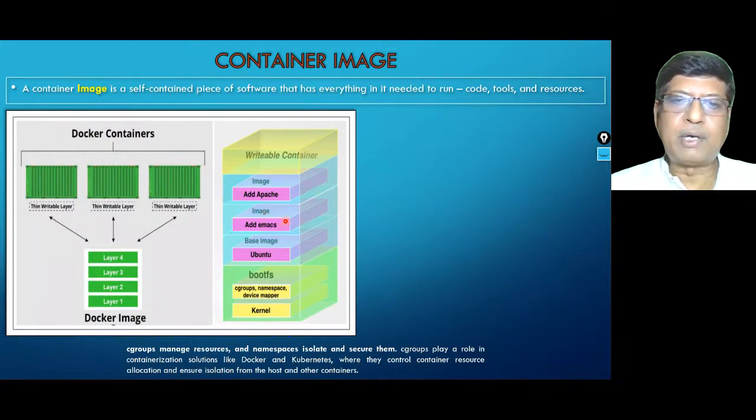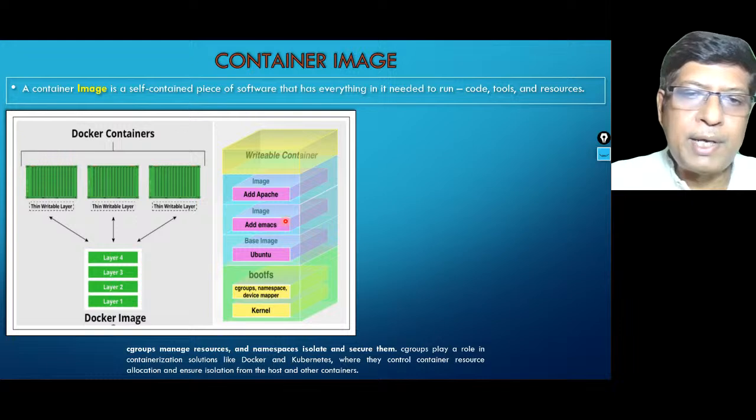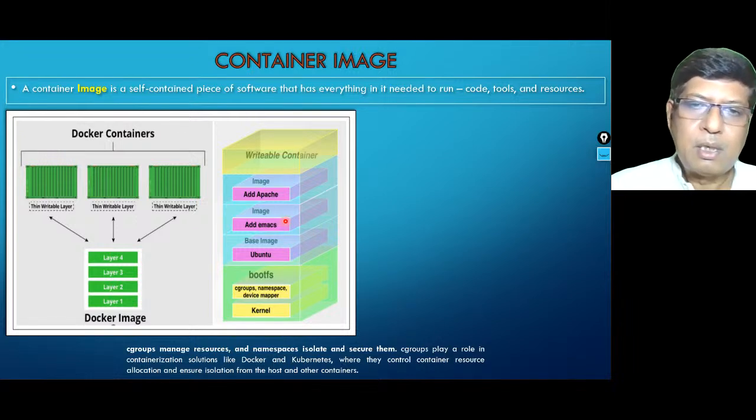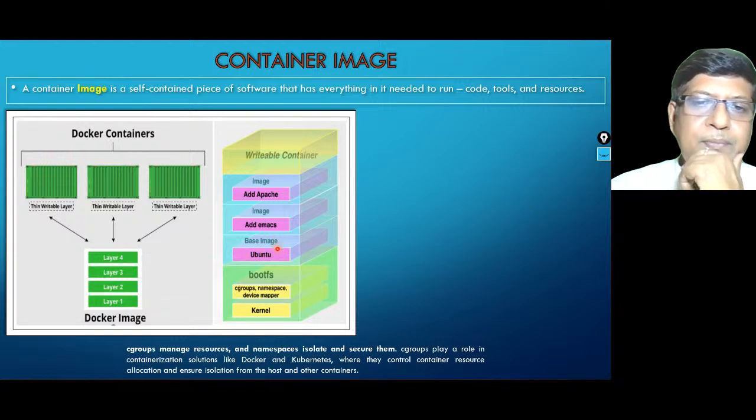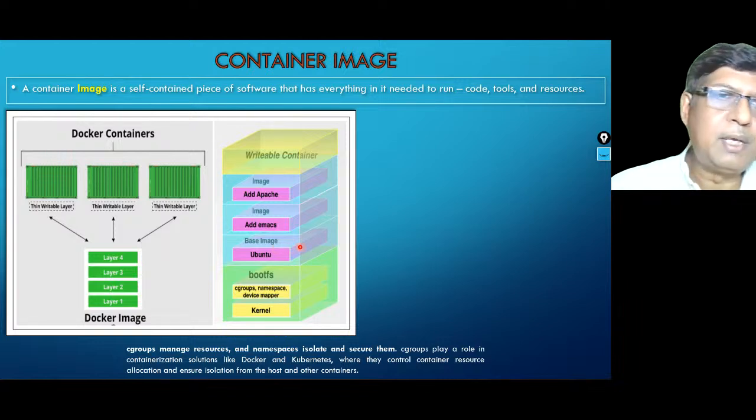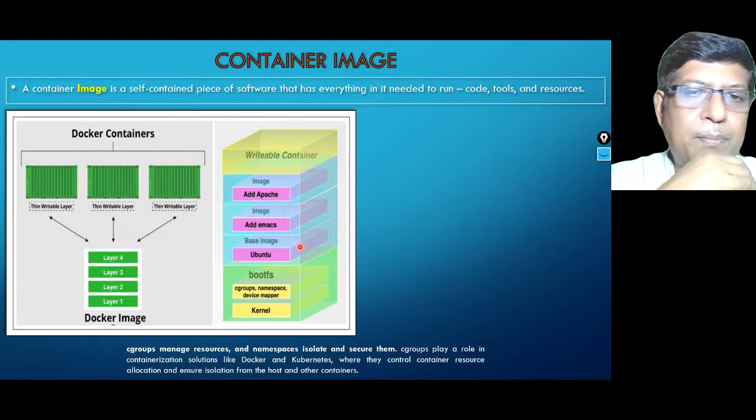I will show you one example today where I will build an image out of the base image. And this base image, I will do it from your Docker Hub.